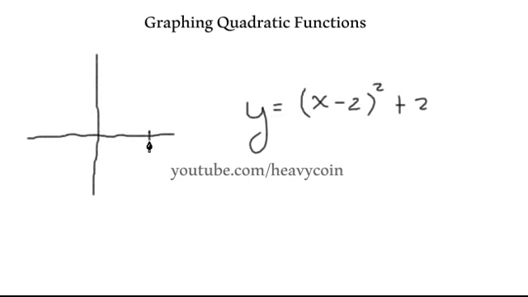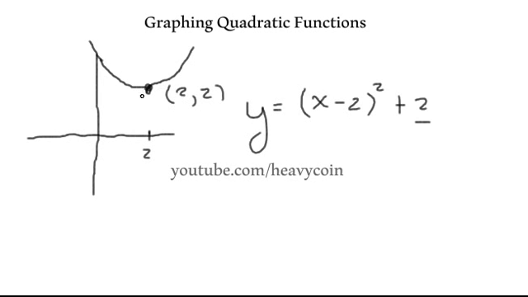Well, we want to go to the right 2 units, and we're going to go up 2 units, and so we end up with a parabola that looks like that, where this is the vertex right here. The vertex is at 2, 2. See that? Vertex is at 2, 2.